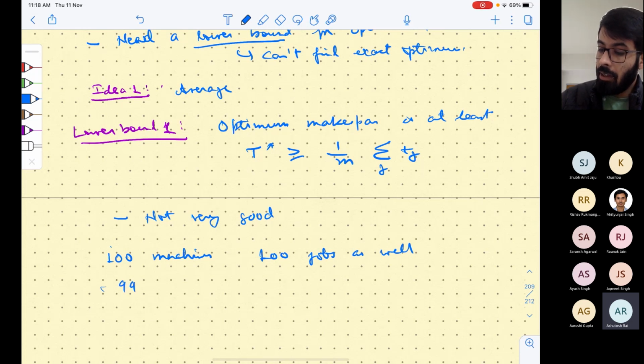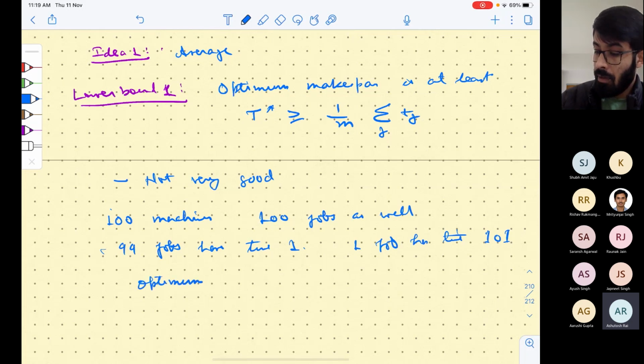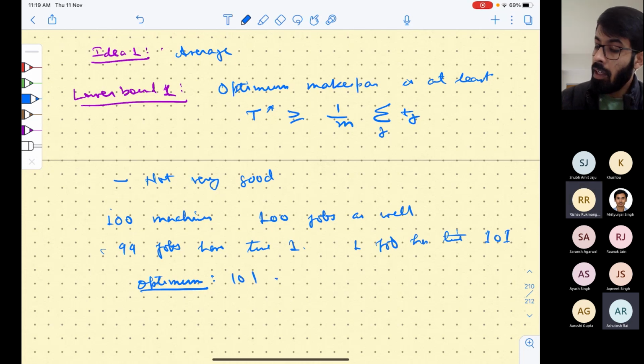And 99 jobs have time 1, and one job has time, let's say, 101. Right? So what is the optimum makespan in this case? 101, which is what the algorithm also achieves.